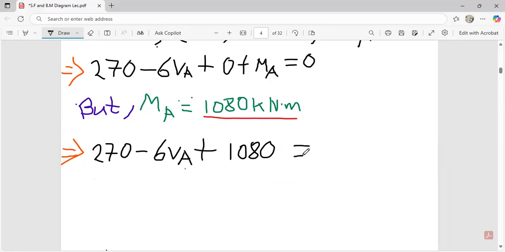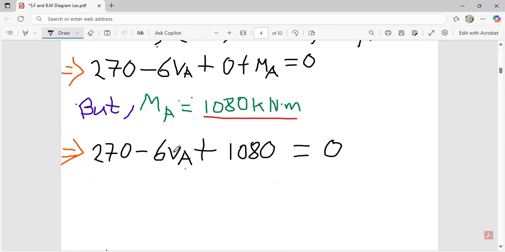Later, if we are done with our work, we'll just let it affect it. All is equal to 0. Okay. Let's group like terms. Let the 6VA be here and let the numbers also be on their own.